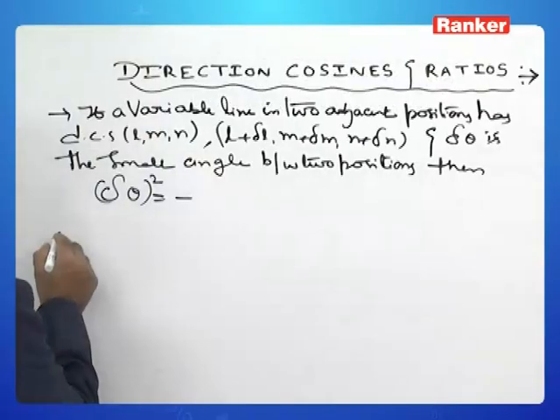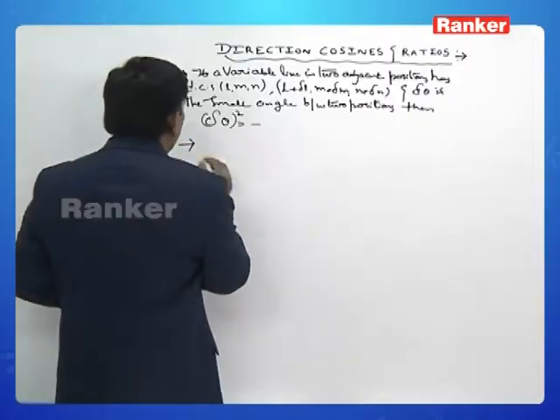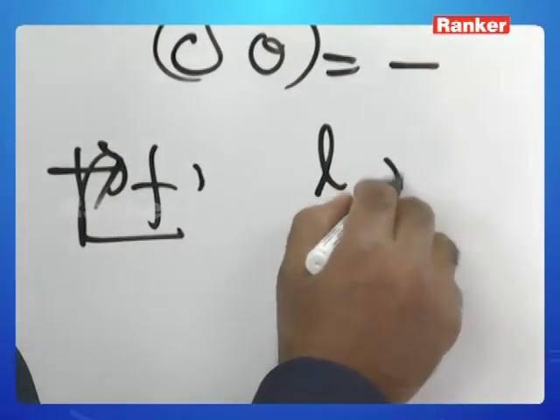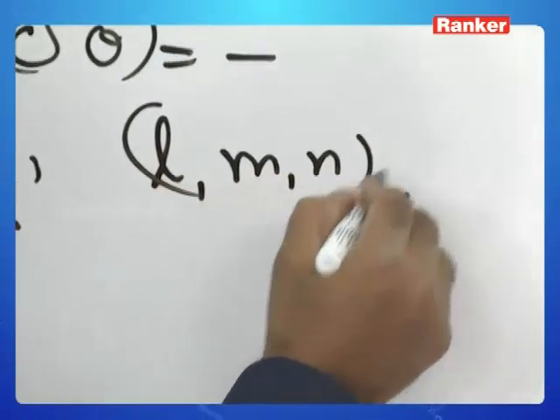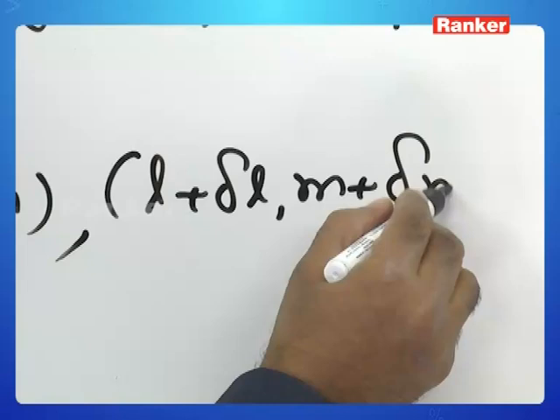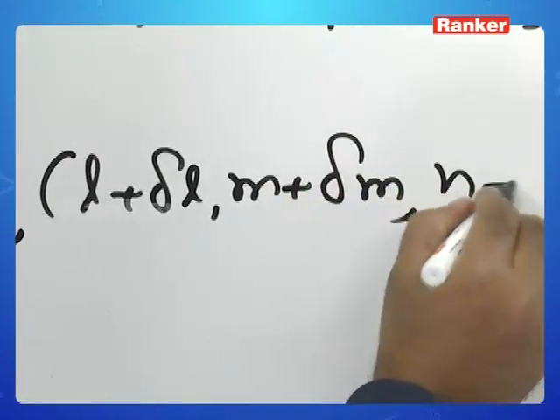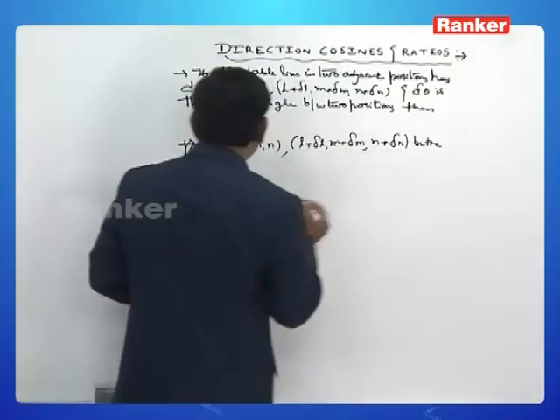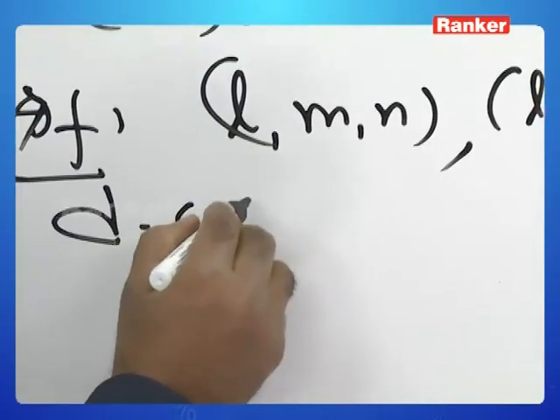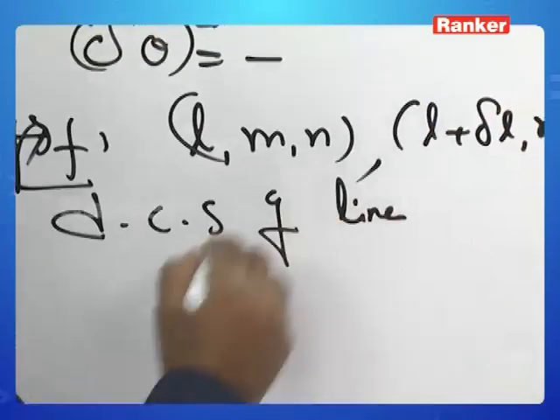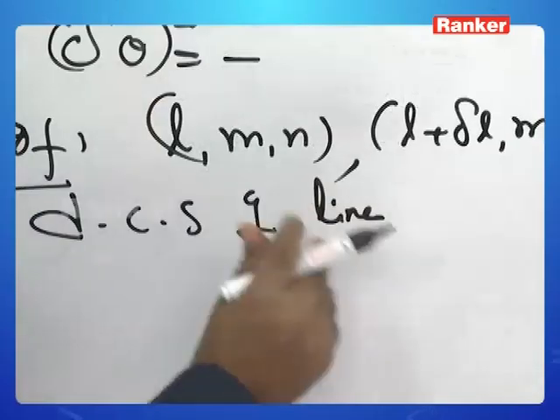Now the proof of this one is very simple. Let l, m, n and l + δl, m + δm, n + δn be the DCS of the lines.